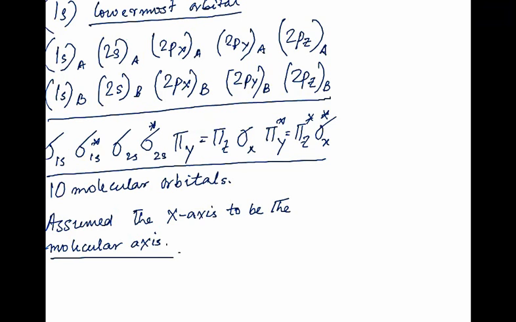Since B has a greater electronegativity than A, the atomic orbitals of atom B have lower energy than the corresponding atomic orbitals of atom A. This particular point should be kept in mind while drawing the diagrams of the molecular orbitals of molecules such as carbon monoxide or CO, nitrogen oxide NO, cyano molecules, that is CN, etc.